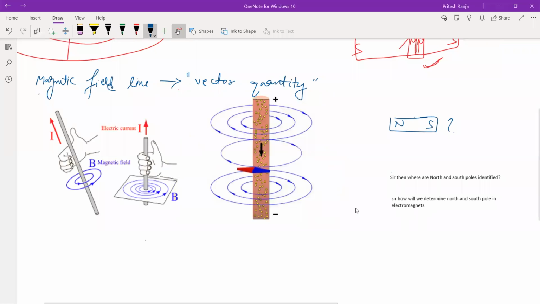Is it possible to talk about this now? How will we determine north and south pole? Where are north and south poles identified in this wire? Be patient, a little bit be patient.